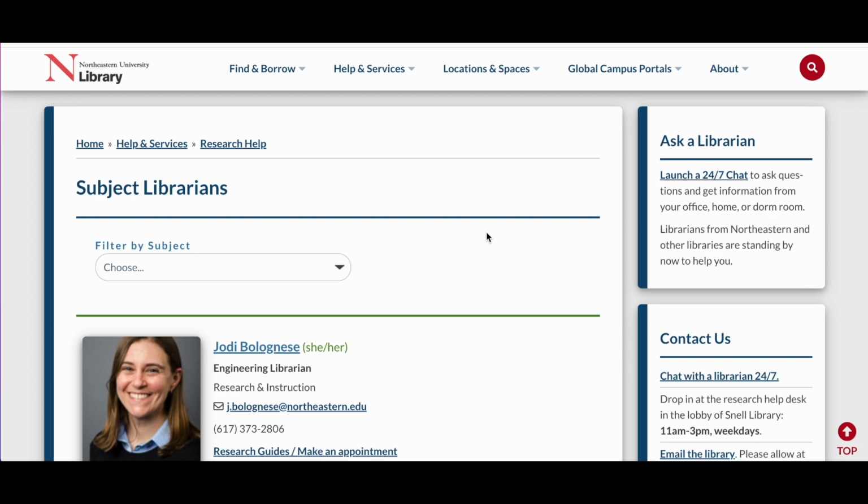They probably have some pretty good contextual field knowledge as well, but these are folks who went to school at the graduate level specifically to figure out how research works and how to facilitate research for undergraduate and graduate students. So these are folks who usually hold a degree in what's called information science.